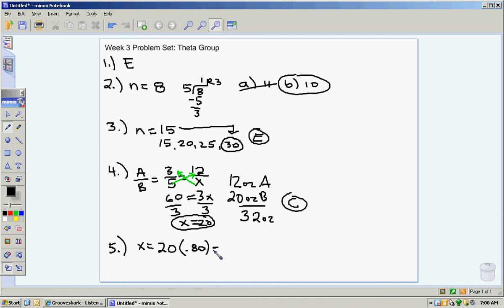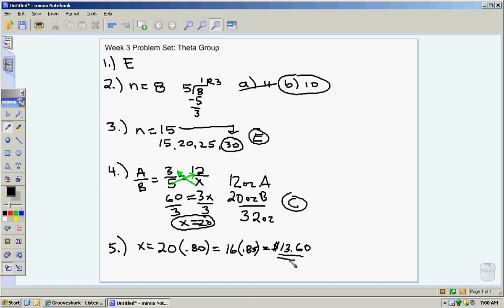And from there, it's another 15% off. If it's 15% off, it still costs 85% of its cost. So we multiply by 0.85, and we get $13.60. So we're going to be plugging in 20 until we get $13.60.